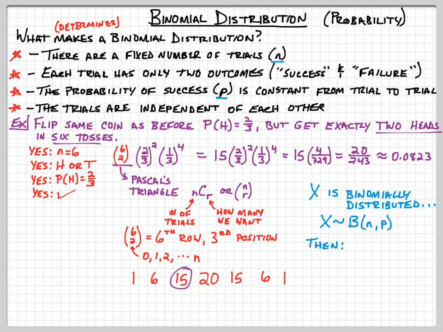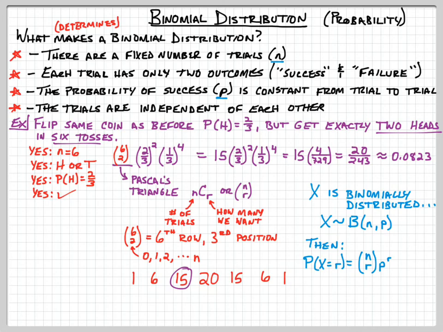As I mentioned, n is the number of trials and p is the probability. We can say that the probability of X equals little r, which is how many we want, is the combination n choose r times p to the r. In our example, we had (2/3) squared, and 2 was the r value of our nCr.